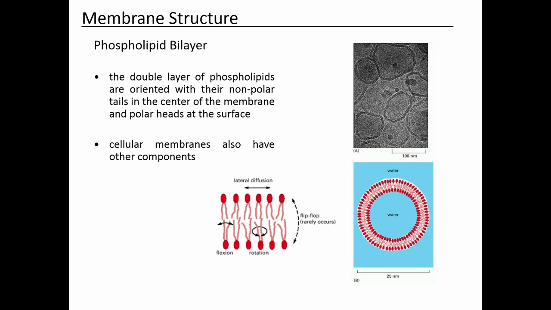Unsaturated. So that would be more fluid than something that's obviously solid at room temperature, which wouldn't be fluid at all. So more double bonds make the membrane more fluid.